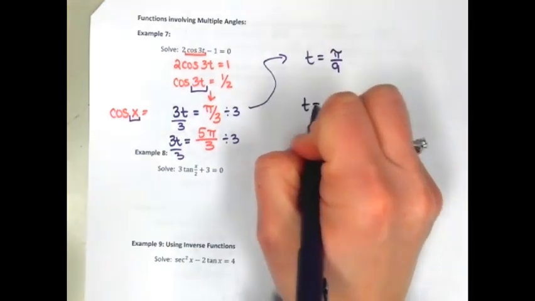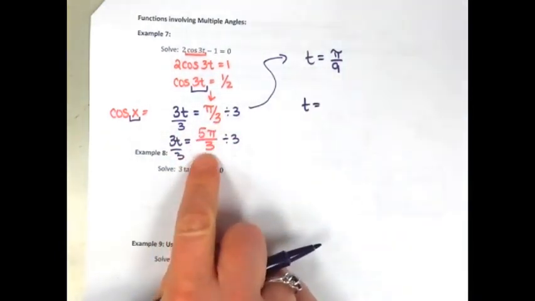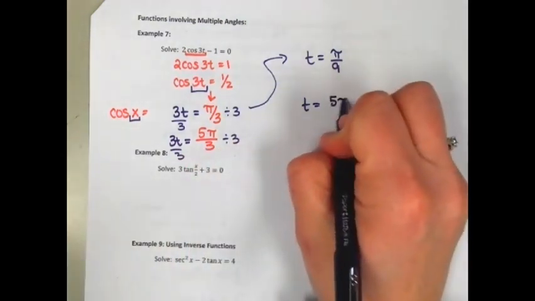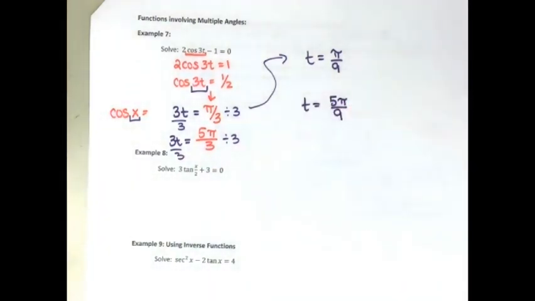And what's 5 pi over 3 divided by 3? 5 pi over 9. Okay. Are you guys okay with that? Now, normally, okay, did this give me an interval?